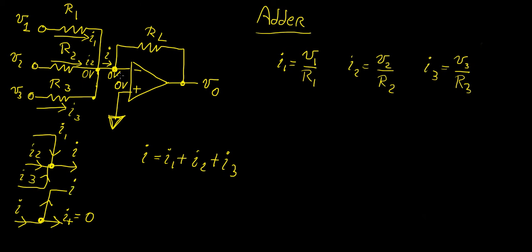So KCL at this node tells you that I is just going to come straight through. So the current through this resistor is just going to be that. And now I through RL, which is just equal to I, is equal to 0 minus V0 divided by RL, which is just minus V0 over RL.